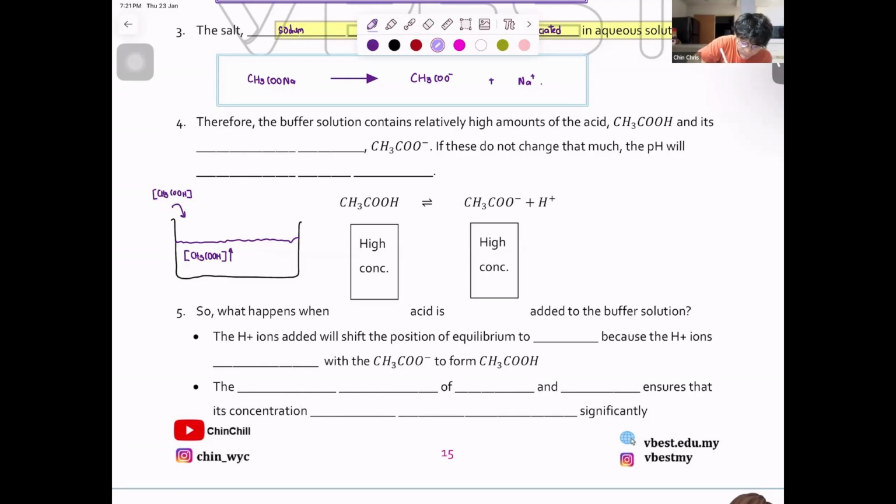Then at the same time, I add in its salt, and when the salt is added into the solution, it dissociates fully. So you have a high amount of CH3COO-, so your CH3COO- concentration is also very, very high. Understand? Please draw it out. Always remember, in a buffer solution, your acid and its conjugate are always in a very high concentration.